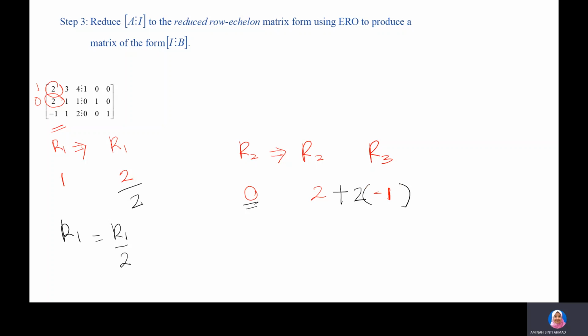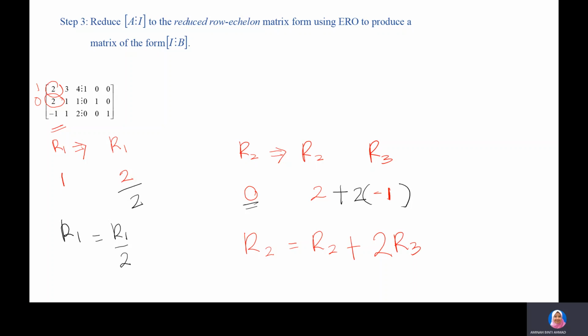See, 2 plus negative 2 equal to 0. So your formula will be row 2 equal to row 2 plus 2 row 3.